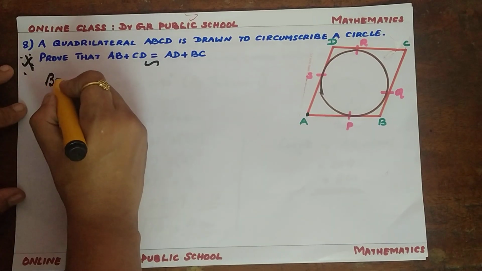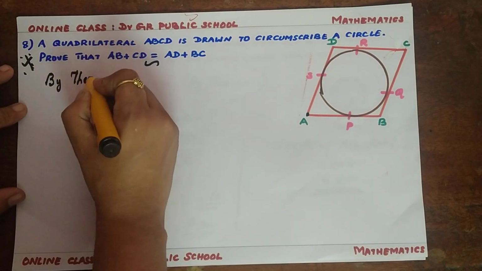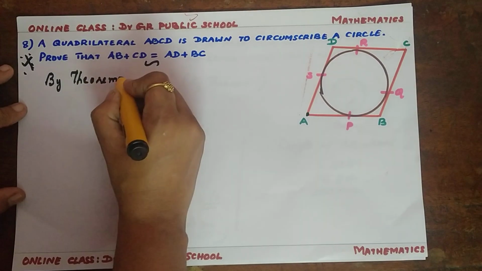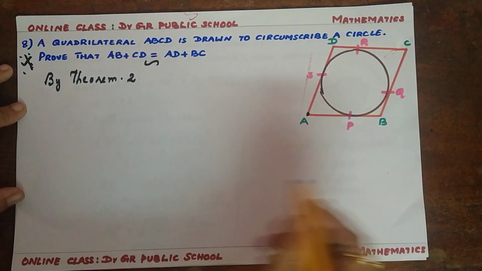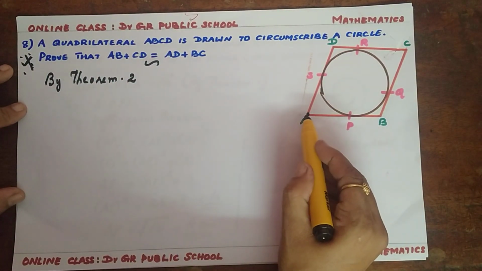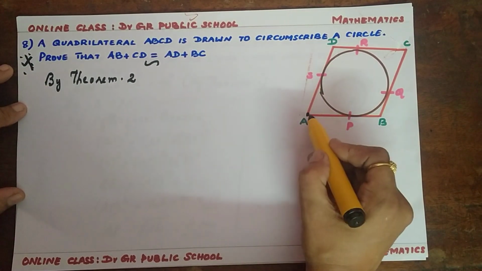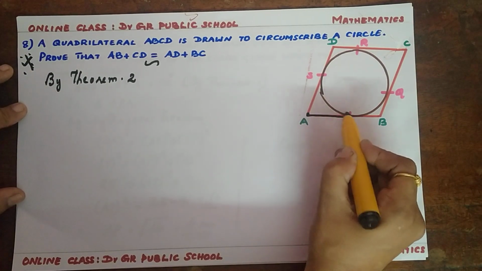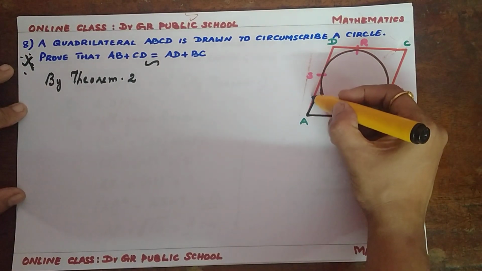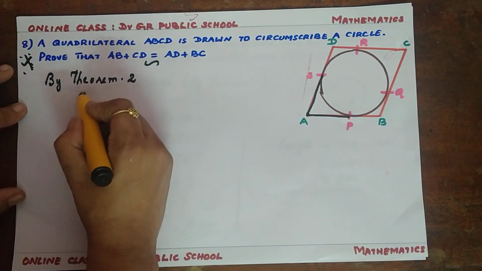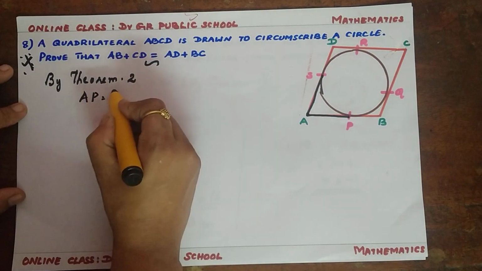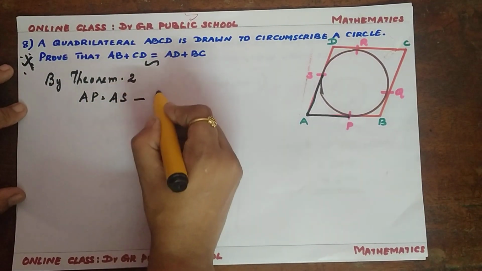By theorem 2, A is an external point to the circle. So we know that tangents from the external point to the circle are equal in length. So the length AP must be equal to the length AS. AP equal to AS. Take it as equation number 1.